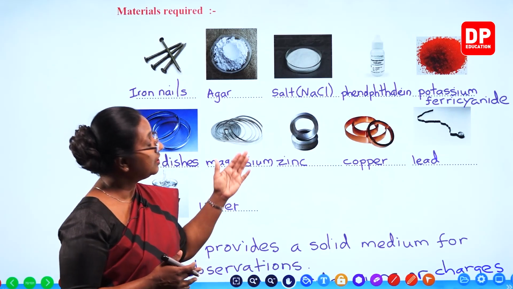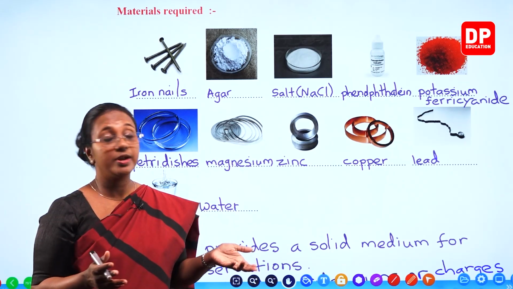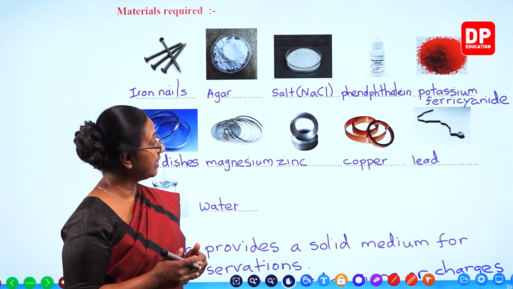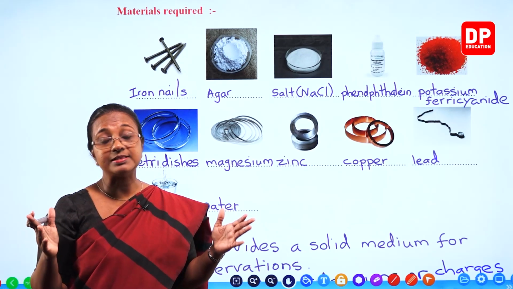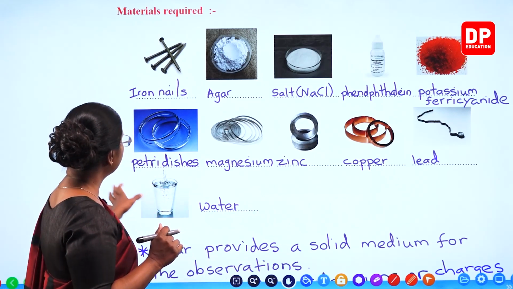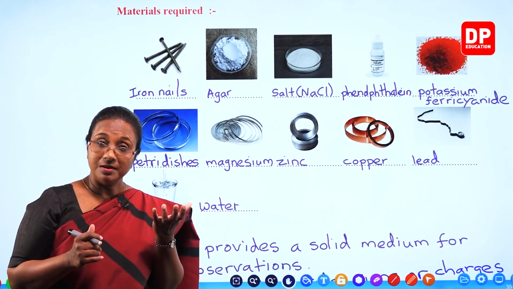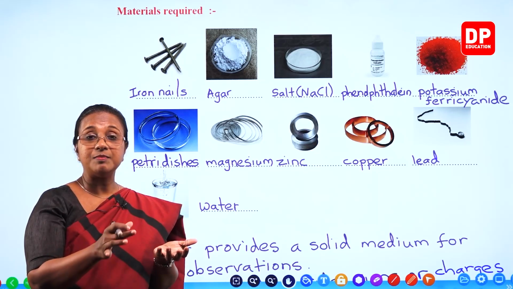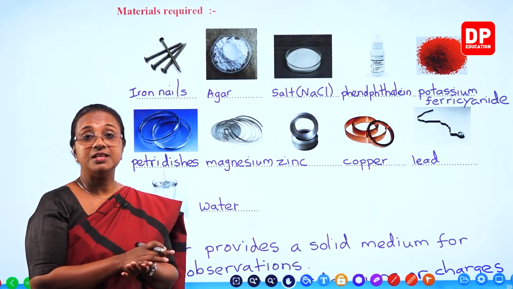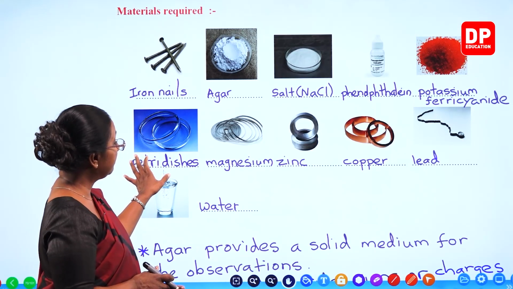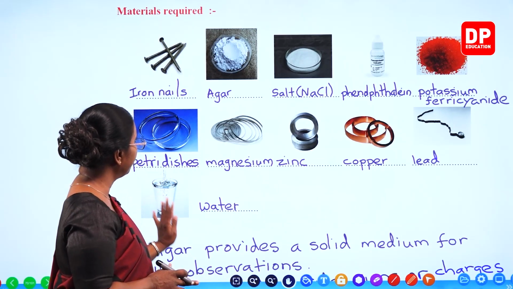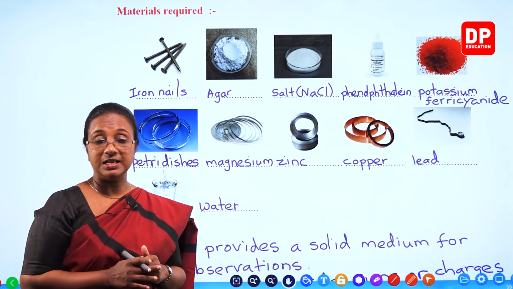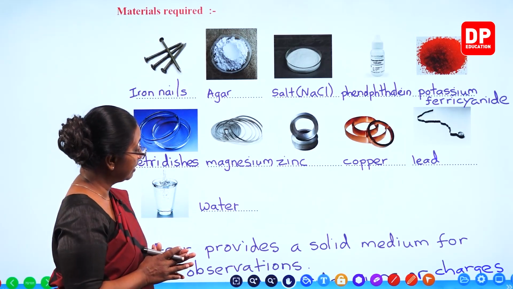Then phenolphthalein to identify the presence of OH minus, and potassium ferricyanide to identify the presence of Fe2 plus ions. In addition to that, we need the Petri dish where we make the medium and have the metals in contact with each other so we can observe the effect, and these are the metals that we are using, and we need water to prepare the medium. So this is what we will be doing.